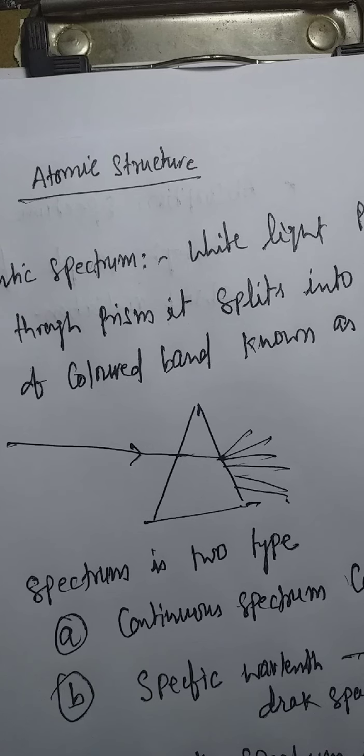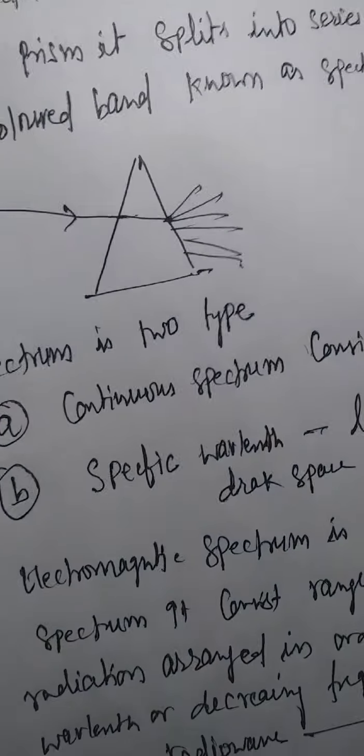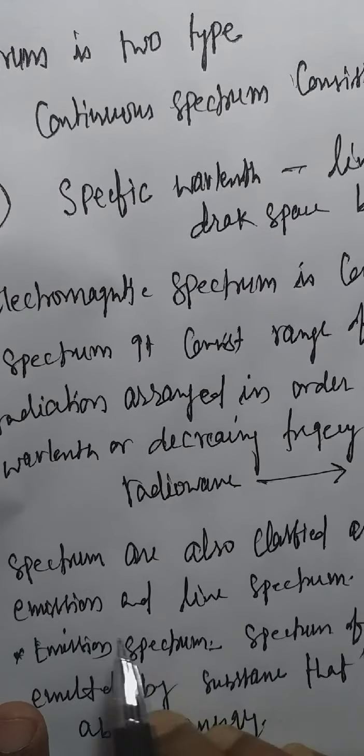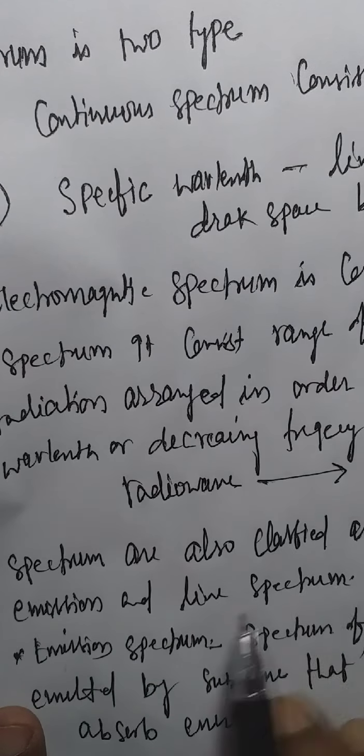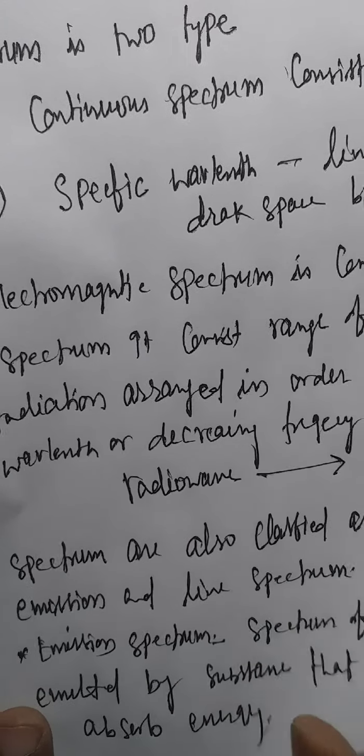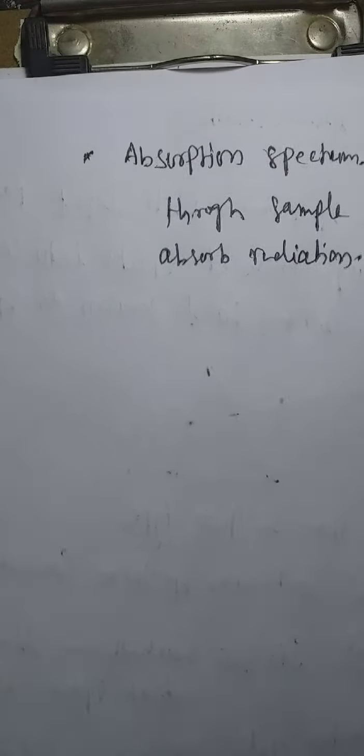The electromagnetic spectrum is a continuous spectrum, a range of electromagnetic radiation in order of increasing wavelength and decreasing frequency, from radio waves to gamma rays. Next, spectra are classified as emission and absorption: one emits absorbed energy, another is a sample that absorbs energy.